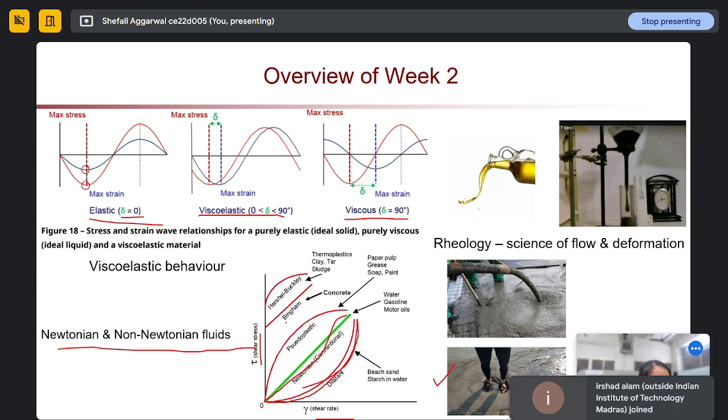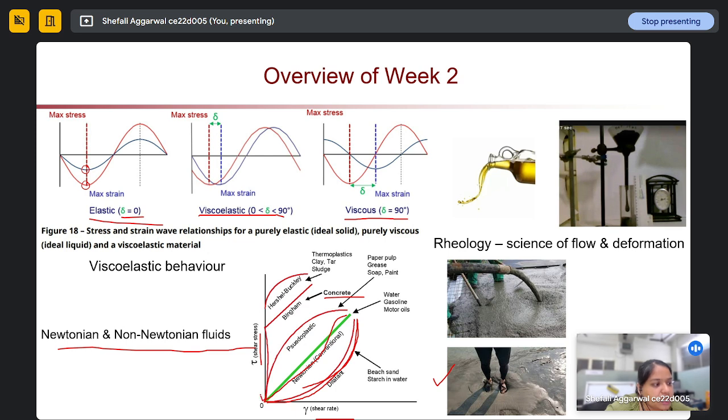Other than this, we have other fluids like Bingham fluid and Herschel-Bulkley fluid. Examples are given here. Our concrete usually comes under Bingham fluid. It is almost like a Newtonian fluid, but it has a particular initial shear stress after which it starts showing Newtonian behavior. That is concrete.